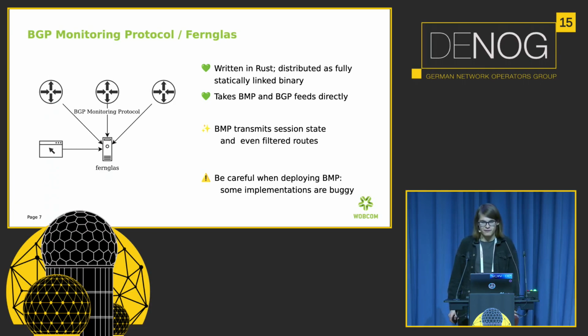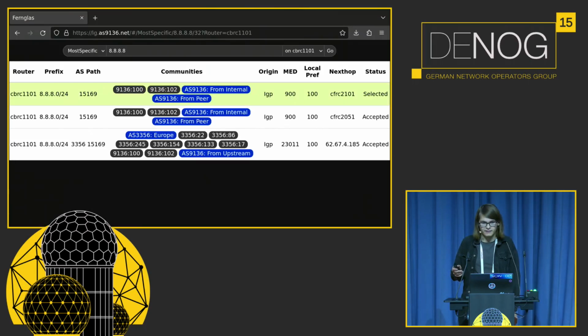But what Fernglas does is, it's a small statically linked binary that you run on your looking glass server, and it receives the routes via BMP, and then it offers a REST API that is also used by the web front end to query the tables of the looking glass. Yeah, and this looks like this.